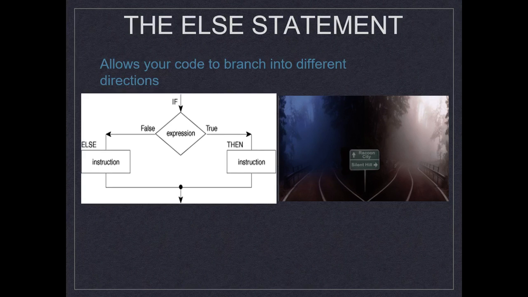So something's going to be triggered no matter what. And this represents that fork in the road where you must make a choice. You cannot go forward any longer. You have to make a choice, either left or right. And that's one of the decisions that we're going to be making in some of our assignments, is that you have to go one way or the other. There's no just skipping over it and ignoring it. So some conditional code will be run no matter what.